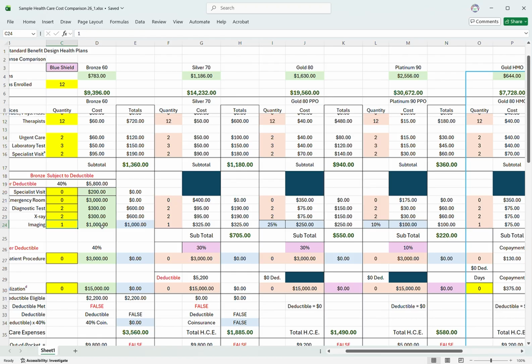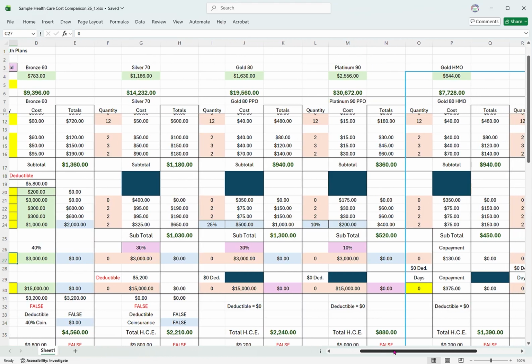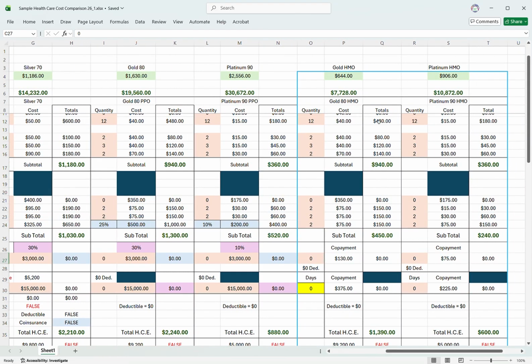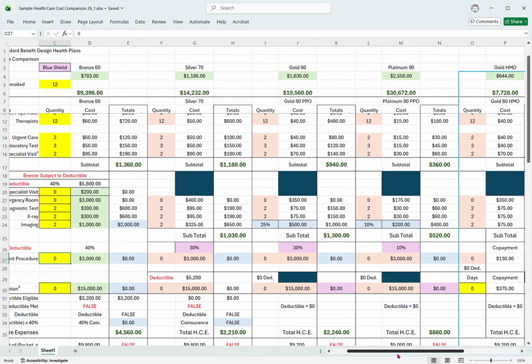If we put 2 images in there, it then goes up to $500 because it is 25% of 2,000. So you can see how the co-insurance reduces the overall cost. For the HMO plans, imaging just has a set co-payment associated with it, not co-insurance.